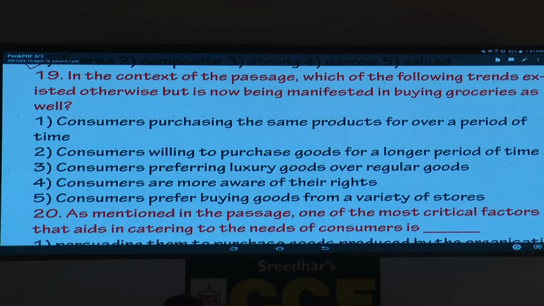Who said fifth option? That's the right answer. Very good. Clearly mentioned in the passage, he talks about buying liquor. Then immediately he uses the word variegated shopping style. So it is related to what? Consumers prefer buying goods from a variety of stores. So what is the answer here? The fifth option is the answer, not the second one or third one. I don't know what the key says.